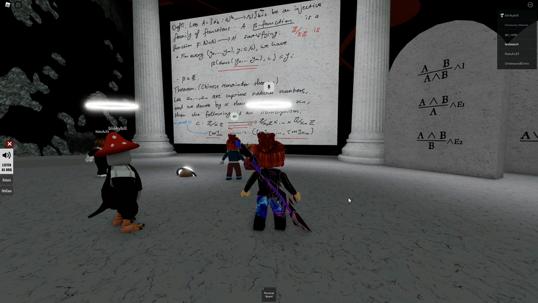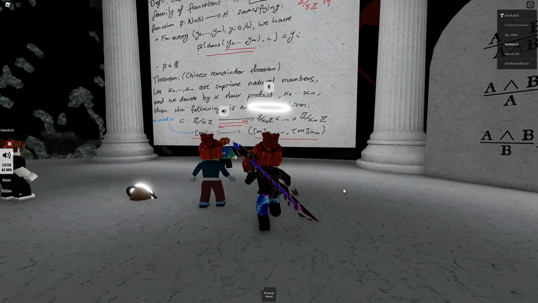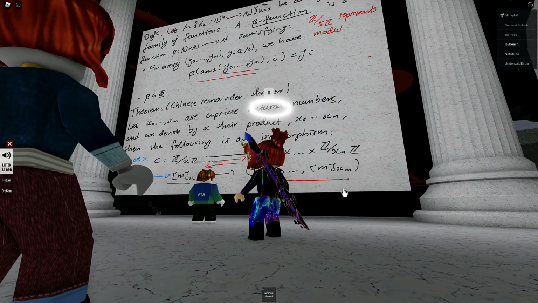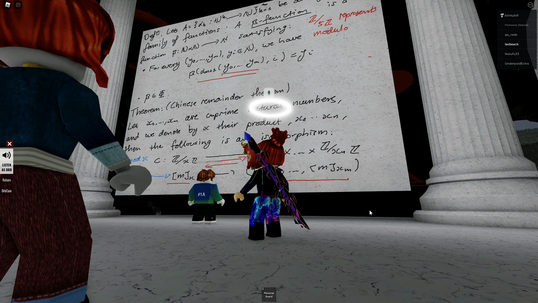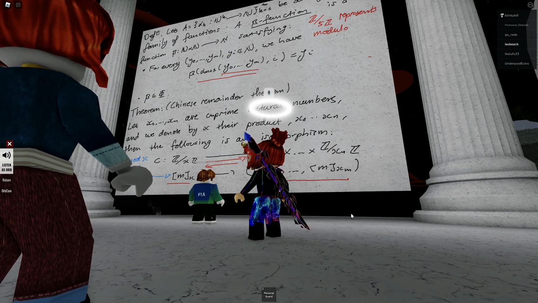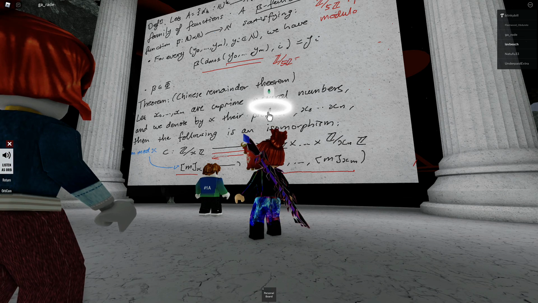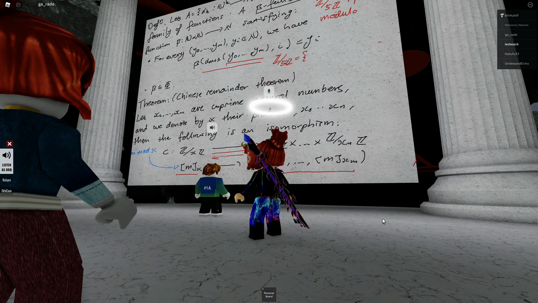It's the equivalence classes modulo the ideal 5Z inside the integer ring Z. I don't think that's helped anybody. So let's write what represents modular arithmetic.